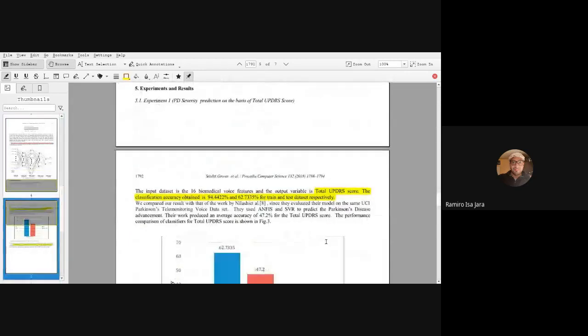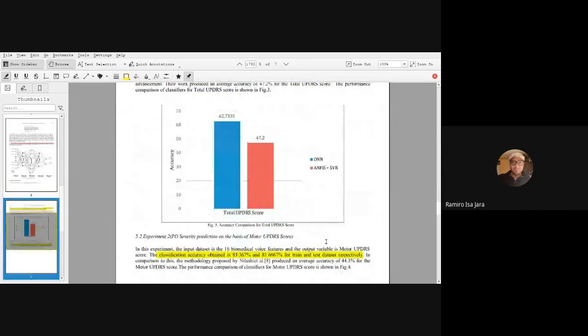Finally, in order to evaluate this proposed method, ANFIS and support vector machines, which are the normal methods used in this case, are compared with the new method, and the accuracy is above that of the normal method.